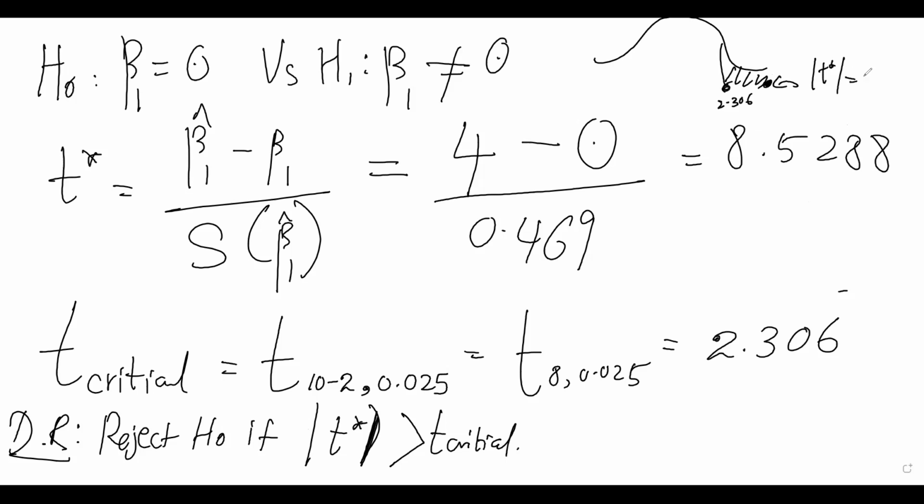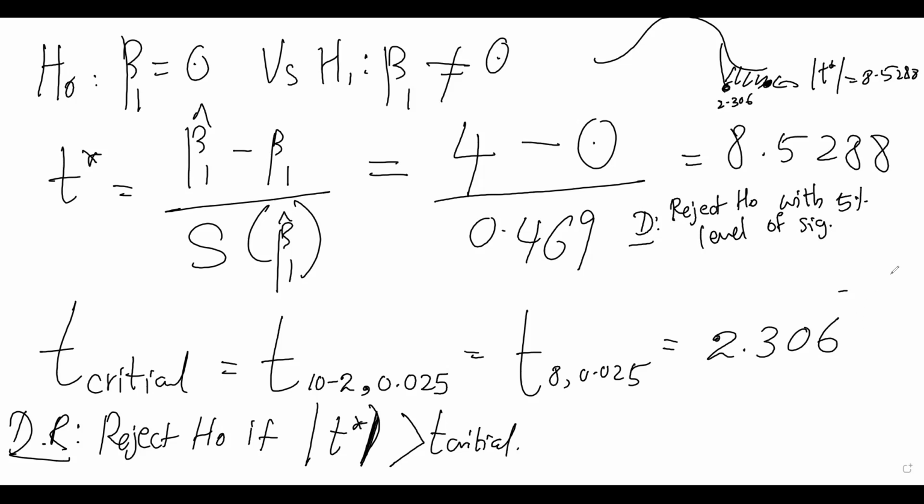It's 8.5288, right? So as our decision, you have to write the decision, okay? Reject H naught, or you can say H naught is rejected. You always have to give the significance level, with 5% level of significance.